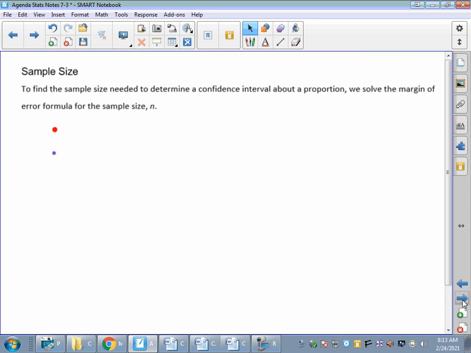So there's one last thing we should talk about, which is finding sample size. We did that back early in the chapter, somewhere in 7.1, I think.